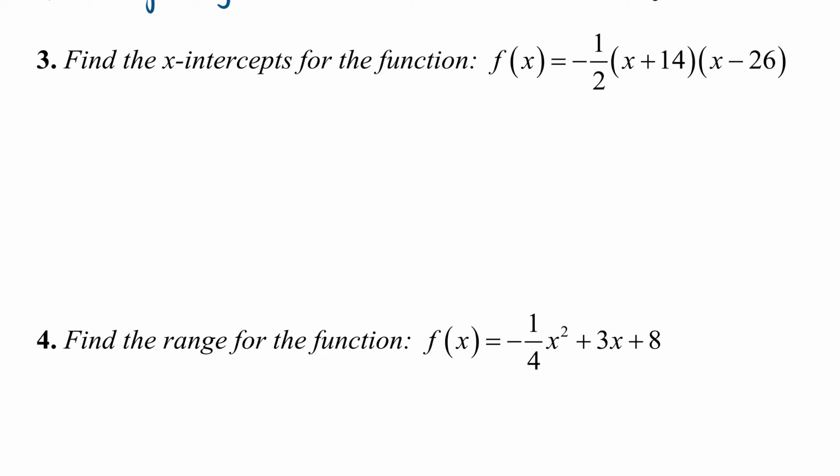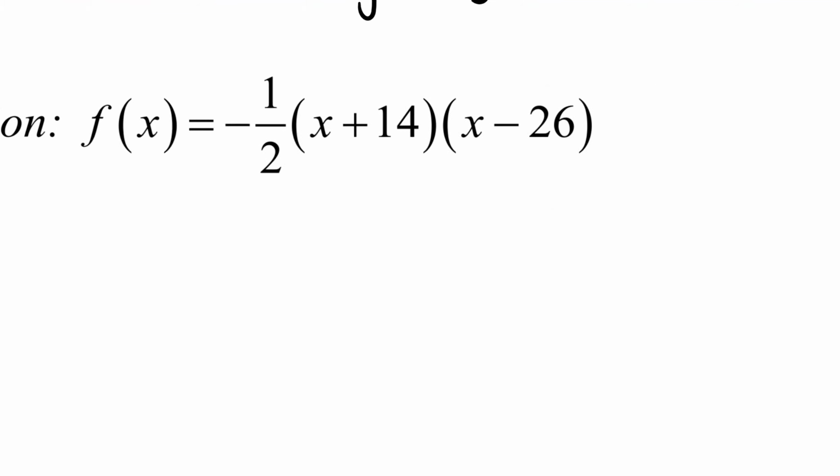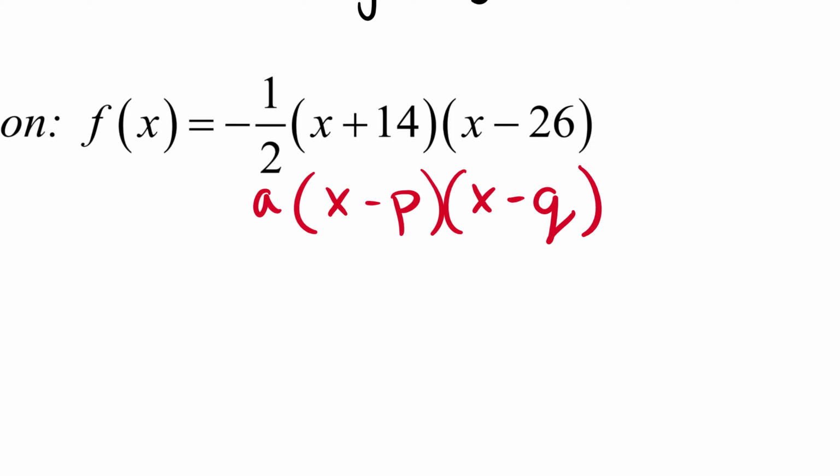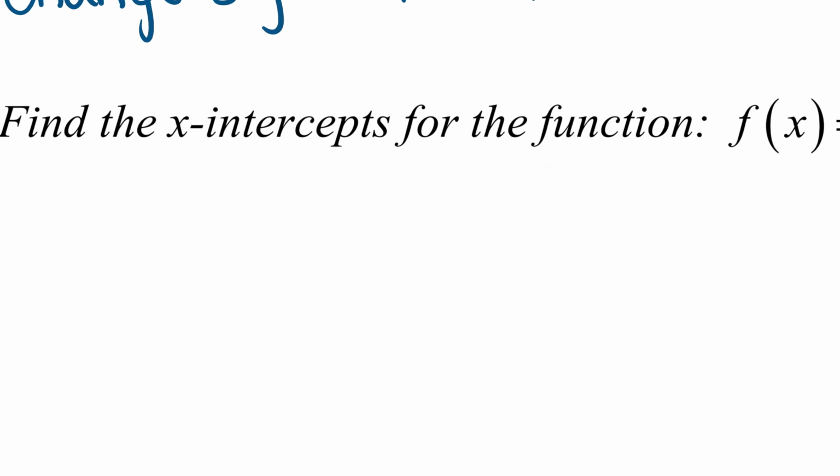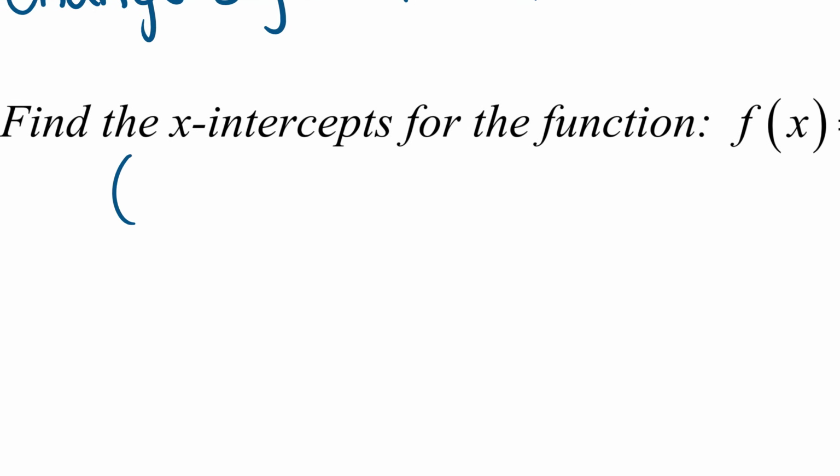So number 3, find the x-intercepts for the function. Okay. Well, if we go and label these, which I love to label stuff because it makes it easy, I have a(x - p)(x - q), right? And my x-intercepts, I guess we can write them over here maybe. So x-intercepts are going to be (p, 0) and (q, 0), right?